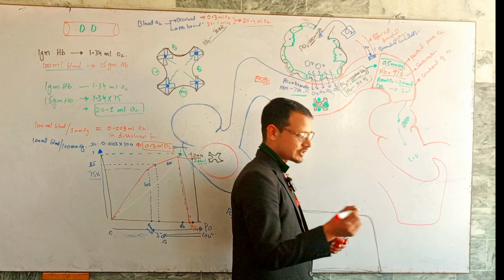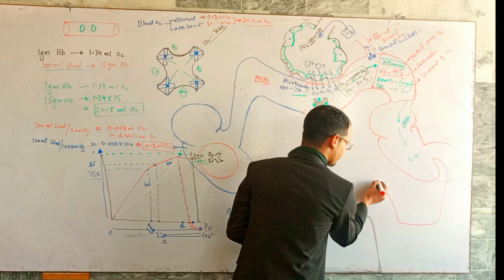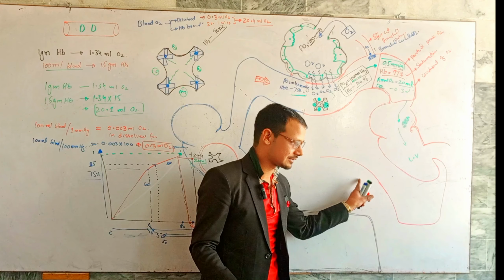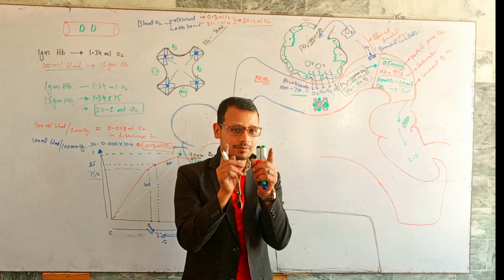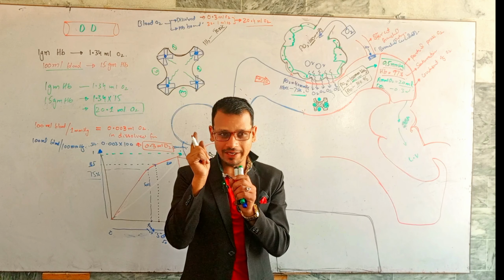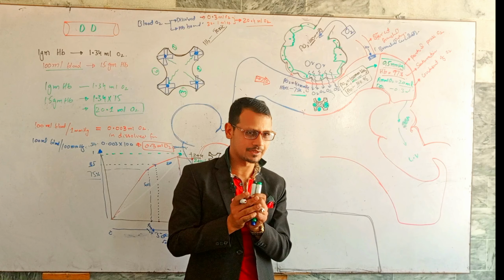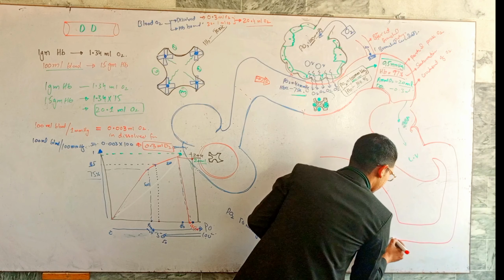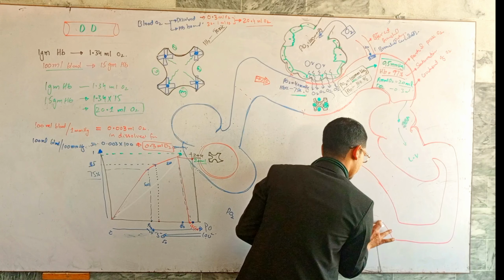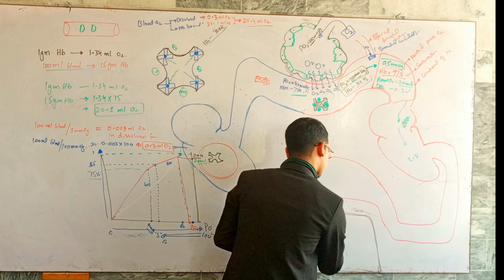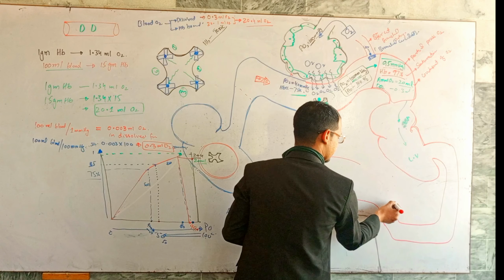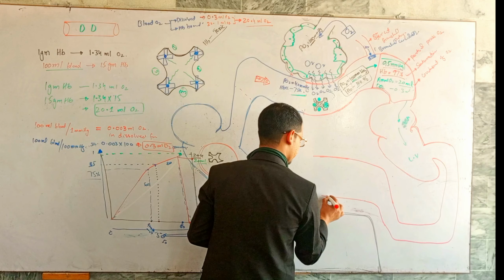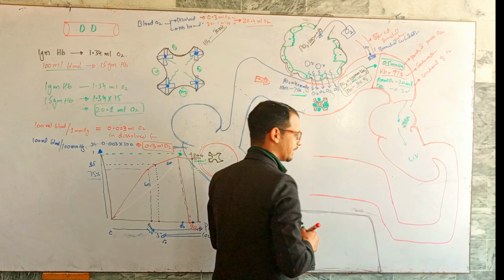Now this oxygenated blood is passing from here. Remember that these are capillaries, very tiny blood vessels having only one membrane of squamous epithelium. And this is the blood coming here. We need the extracellular matrix here also.